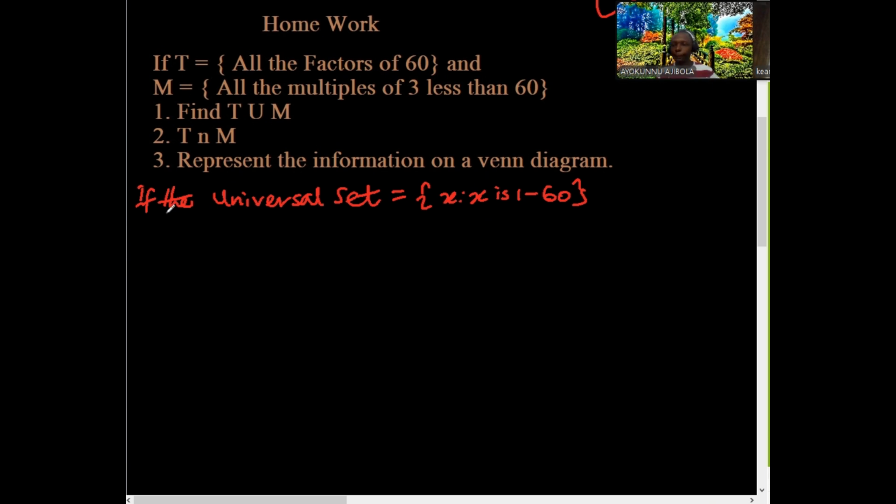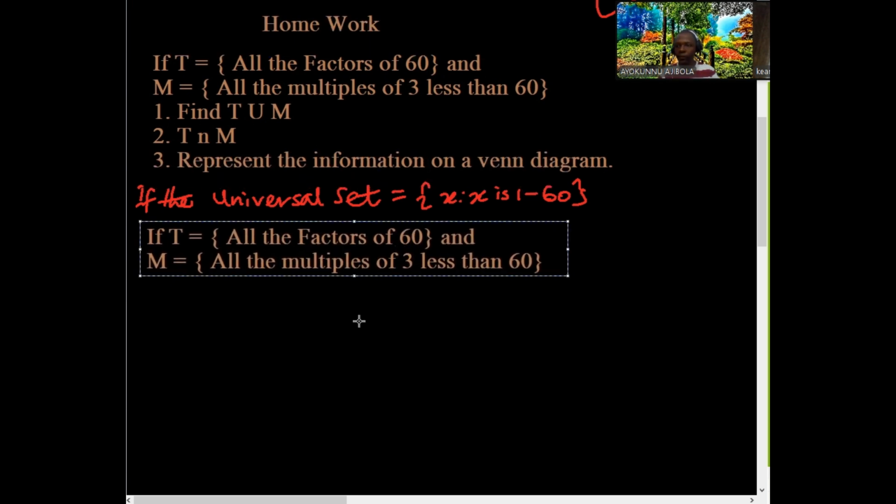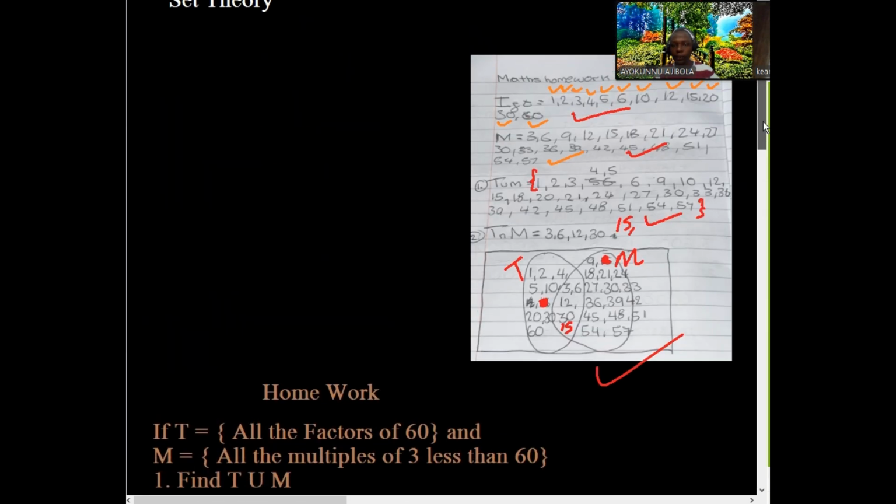Now, we have been given these two definitions, that T equals that and M equals this other one. Then you've already done it and given us the elements, okay?